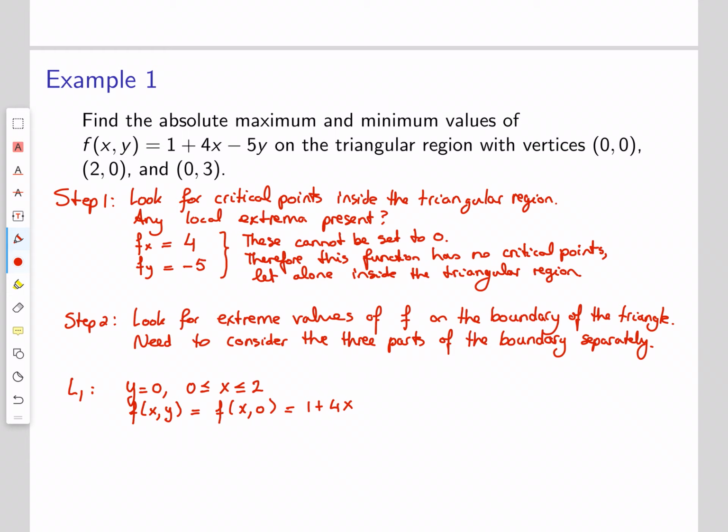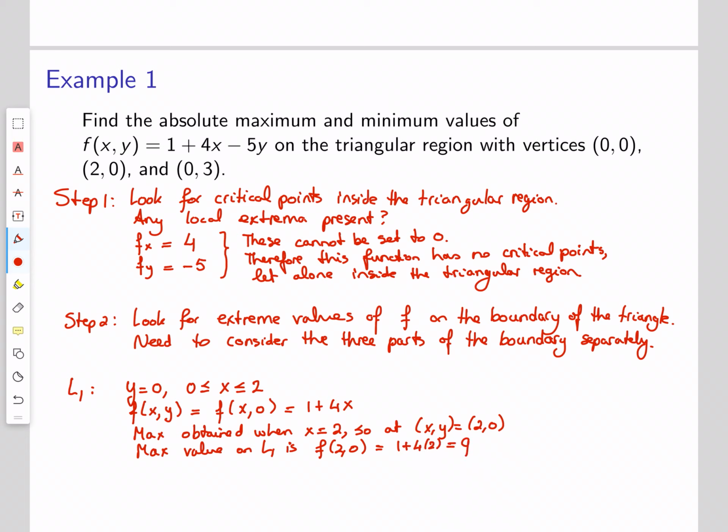And of course, the larger x is, the larger the f value is. So right away, we can say that the maximum is obtained when x is equal to 2, so at the point (x, y) equal to (2, 0). That's one of the vertices. And we can calculate the z value right away. So the maximum value on L1 is f of (2, 0), which is 1 plus 4 times 2, which is equal to 9.